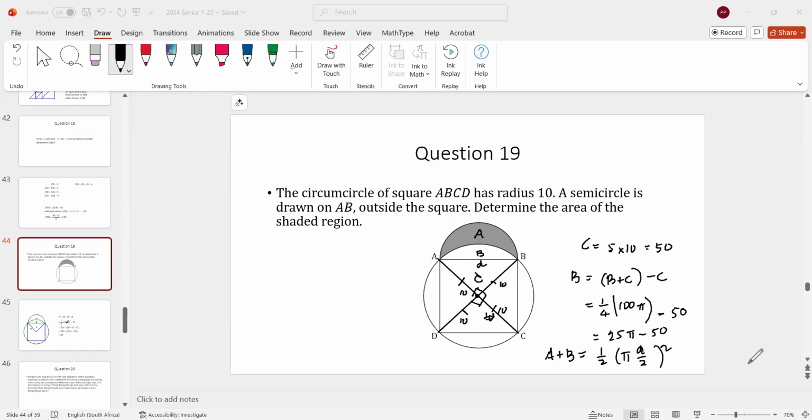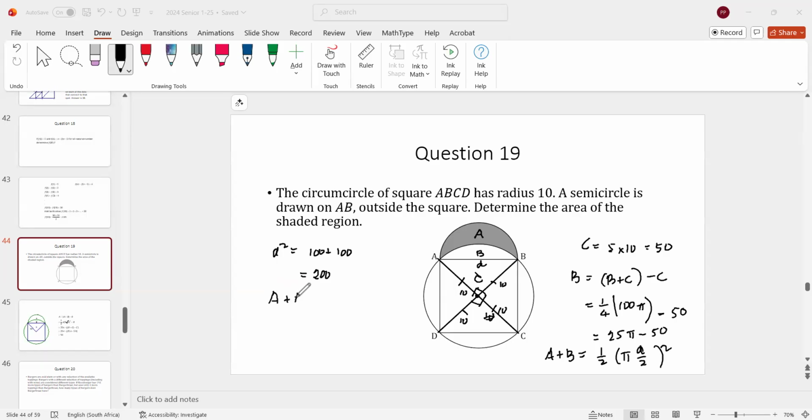All right, so, but you know the d squared, according to Pythagoras, d squared is 100 plus 100, which is 200.